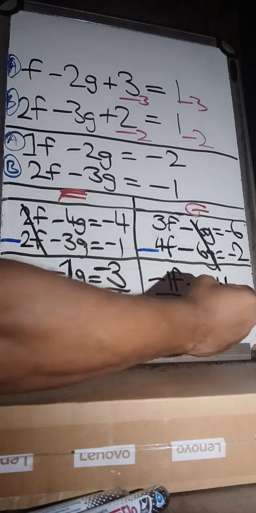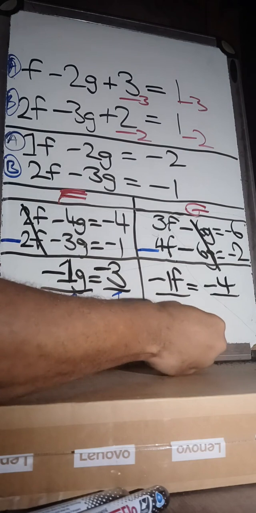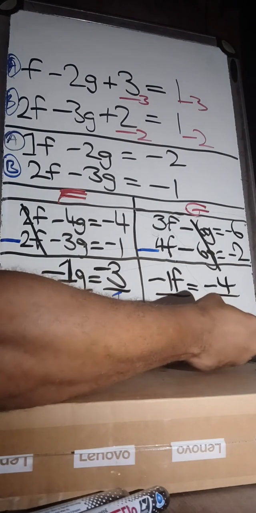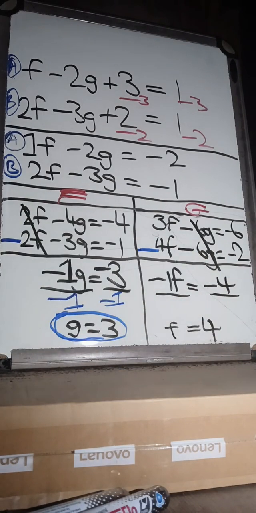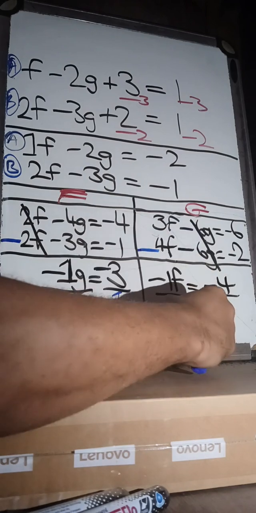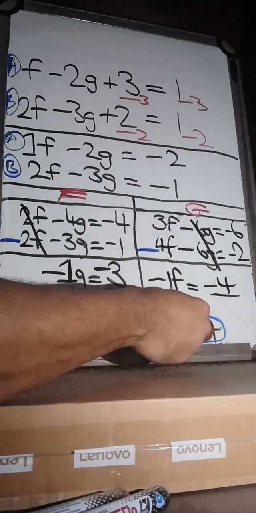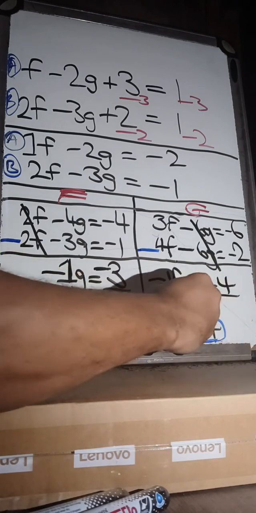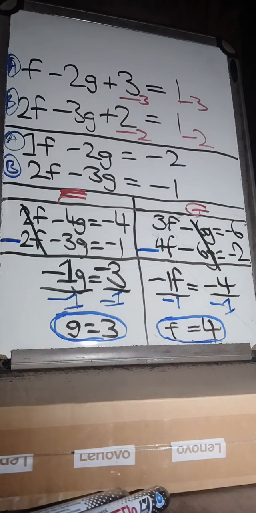So we're going to divide both of them by minus 1, where f is equal to a positive 4.